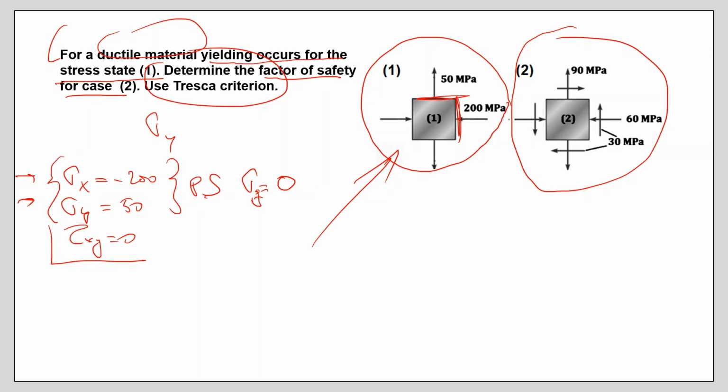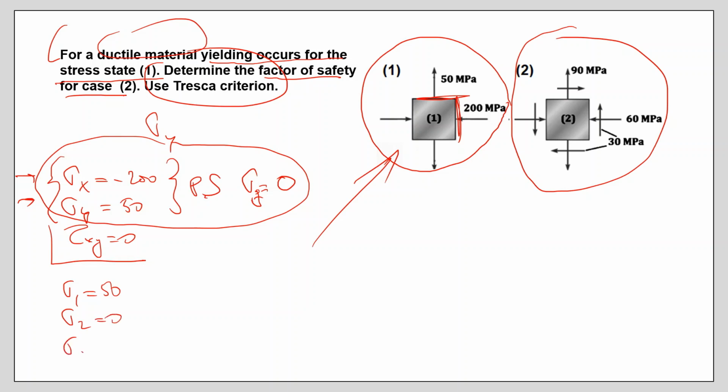So if you name these principal stresses with proper subscripts, the largest one, sigma 1, is 50, sigma 2 is 0, sigma 3 is minus 200.